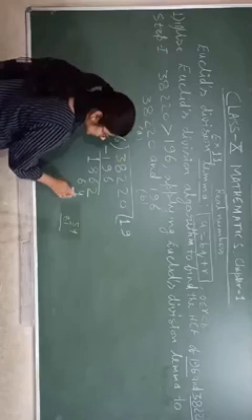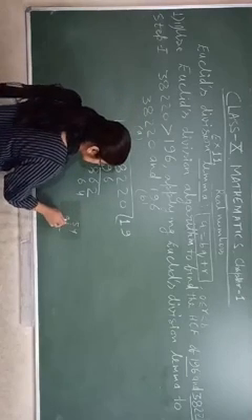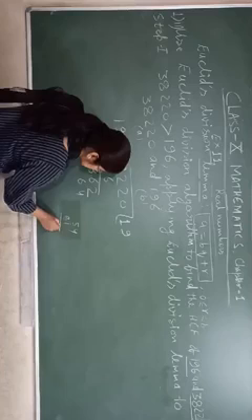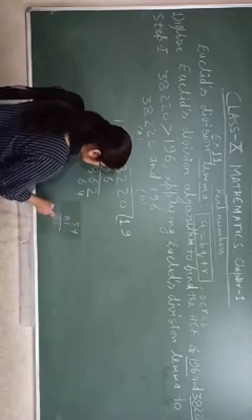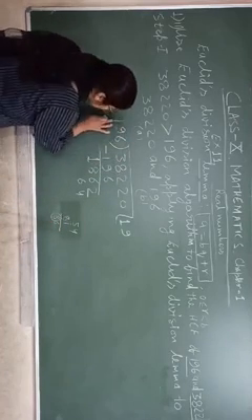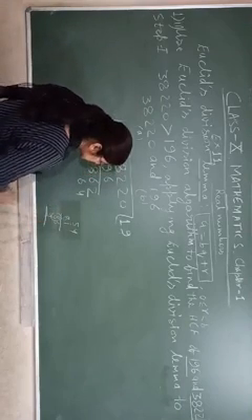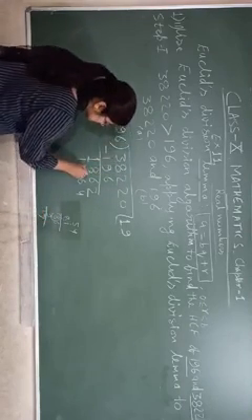So we write 6 and 8 as a carry; 9 times 1 is 9 plus 8 is 17.